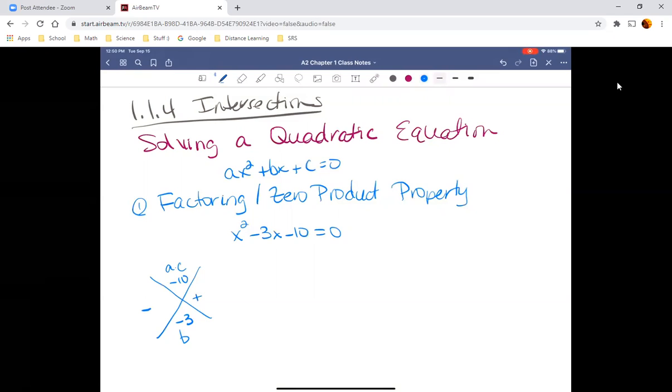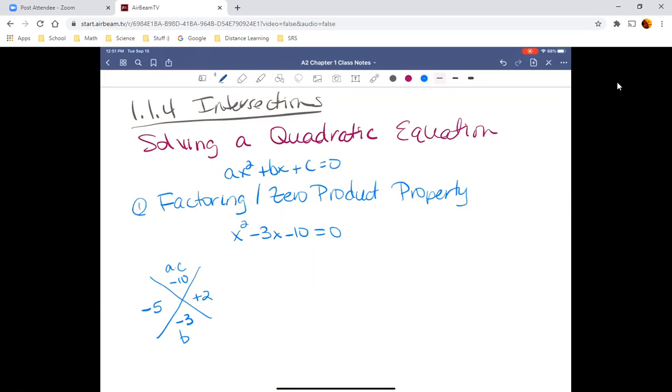Yeah, 1 and 10 and 2s and 5s, right? 1 and 10 isn't going to help us to get to a 3, right, when we add them together. So we need 5 and 2, right? But when we add 5 and 2 together, we have to get -3. So which one's got to be negative? Five. Yeah, it's got to be the 5, and then this has got to be the 2, right?